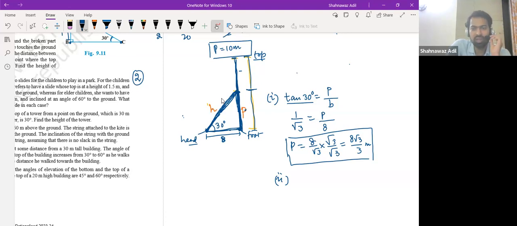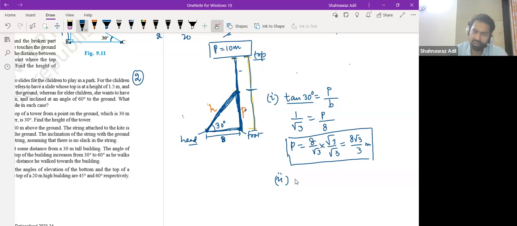Yeah, so I'm saying, what relates the base and hypotenuse? Which trigonometric ratio? Base and hypotenuse. It's cosec, right? Not cosec, but cos, right? Yes, that's right.